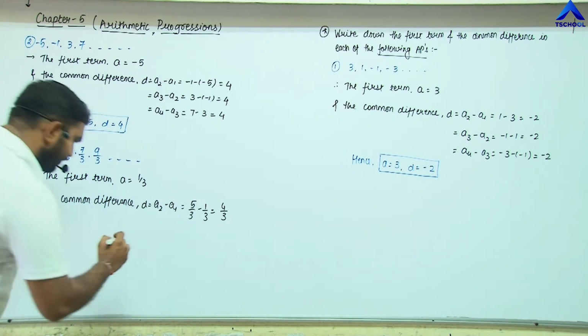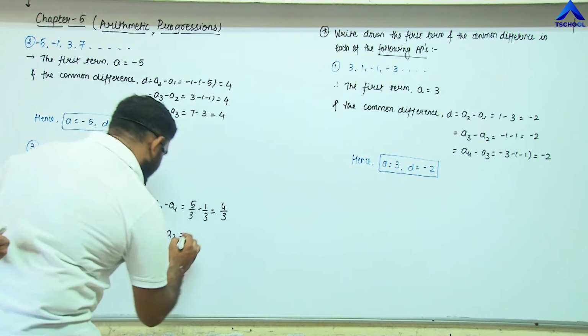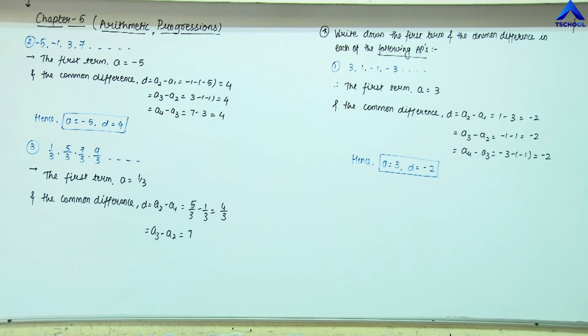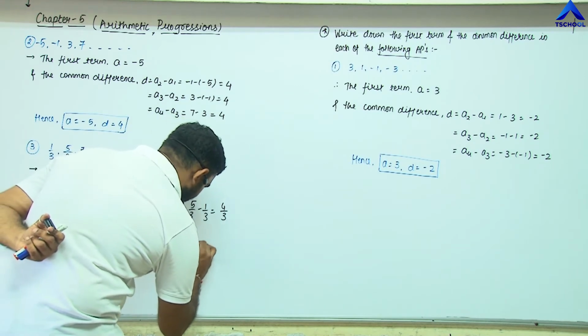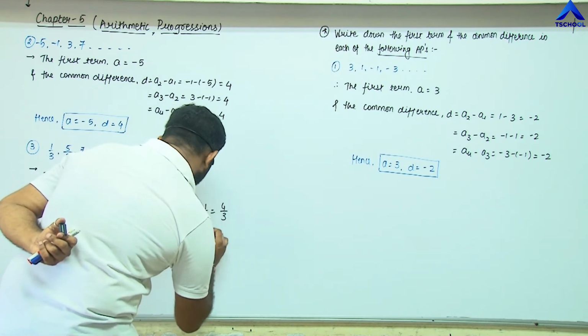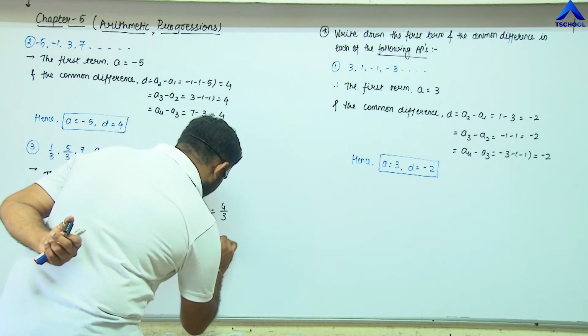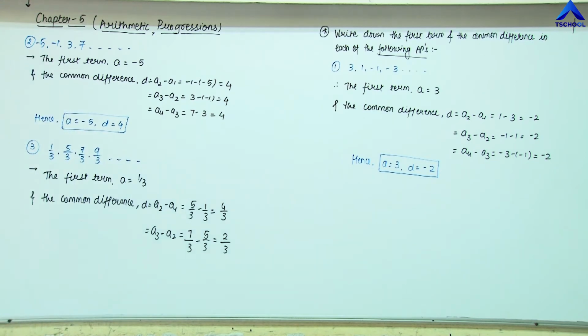Or you can also write it as a3 minus a2, which is 7 by 3 minus 5 by 3, that is equals to 2 by 3, right?